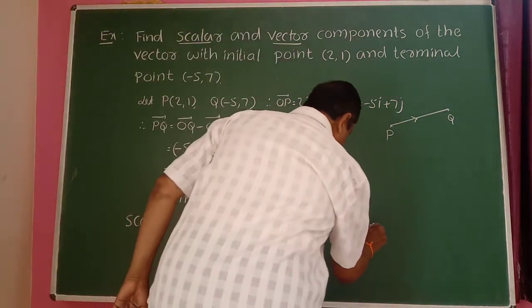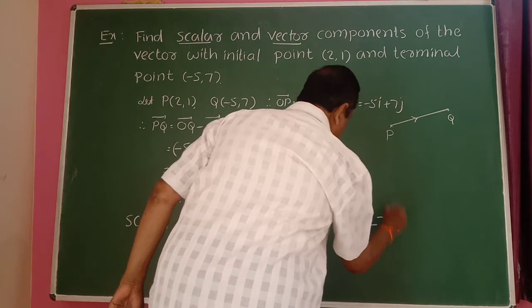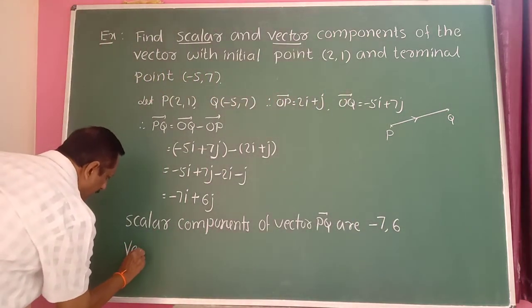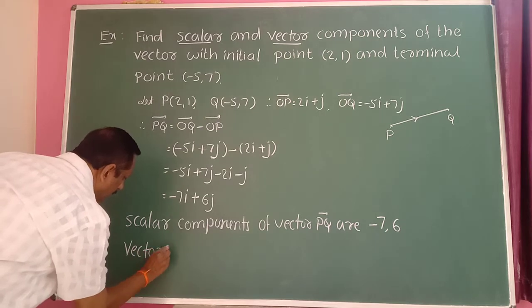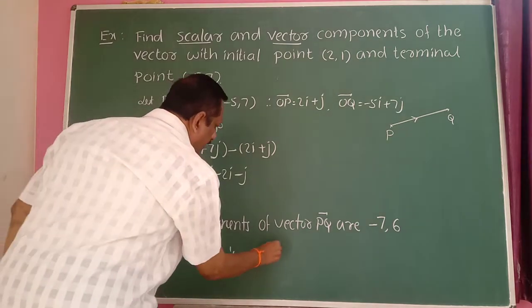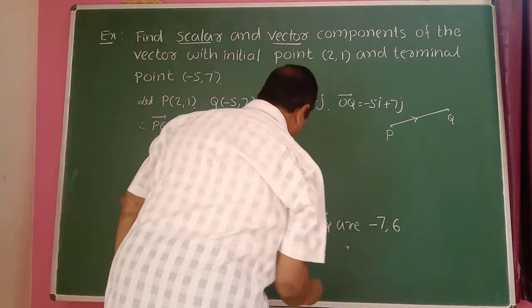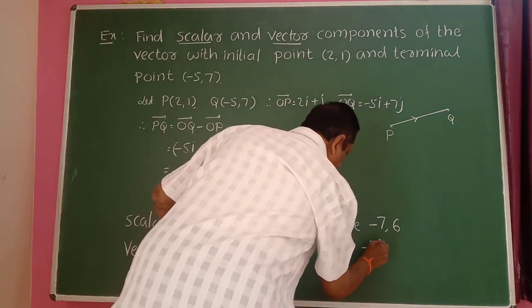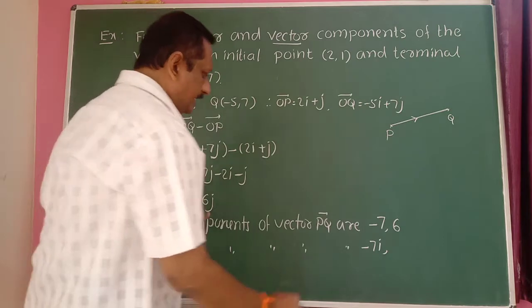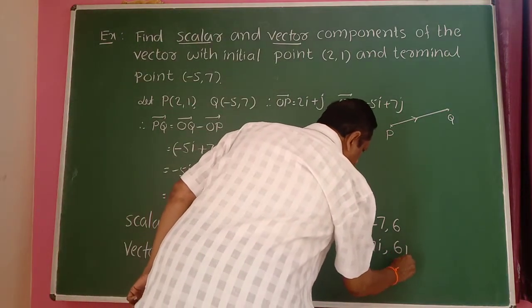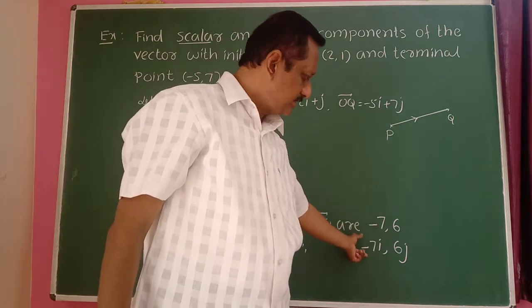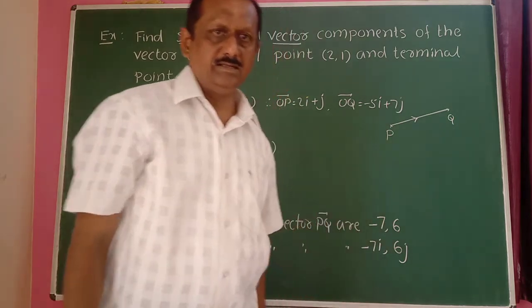Then the vector components of the vector PQ bar are -7i, 6j. So these are the scalar components and these are the vector components.